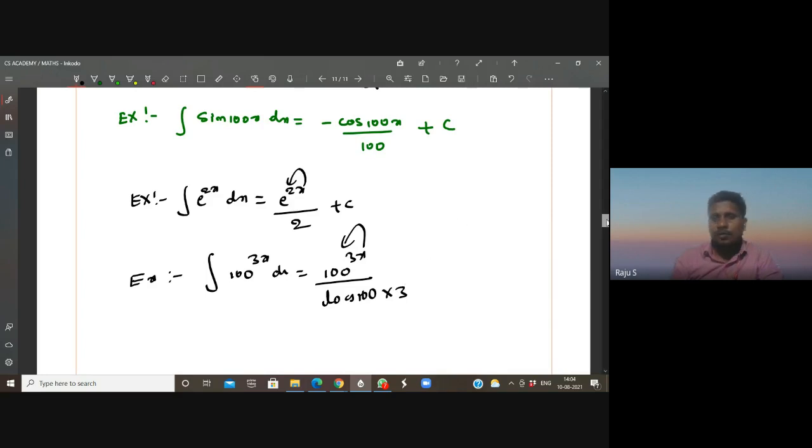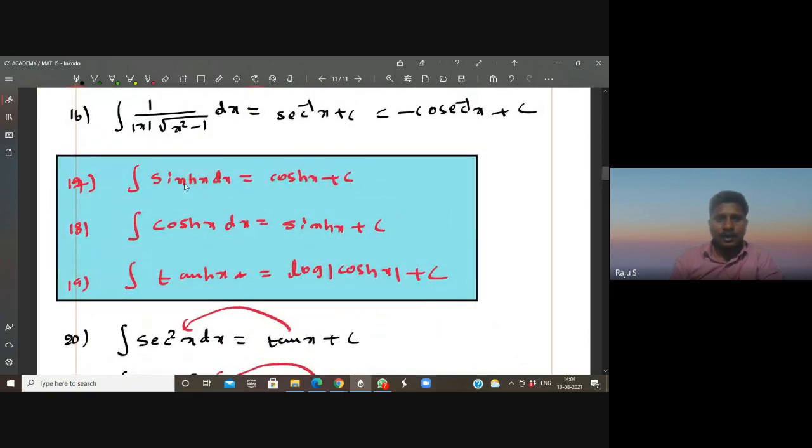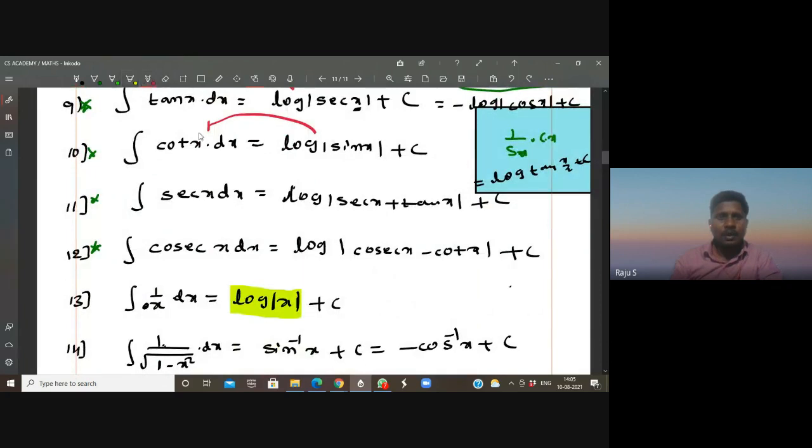Similarly for sinh 3x, it is cosh 3x by 3. Whatever the x coefficient is, you should always write it in the denominator, for every formula. For example, cot 2 by 3 x dx is log sine 2 by 3 x, but what is the x coefficient here? 2 by 3. That 2 by 3 you write, all divided by 2 by 3. Clear, students?